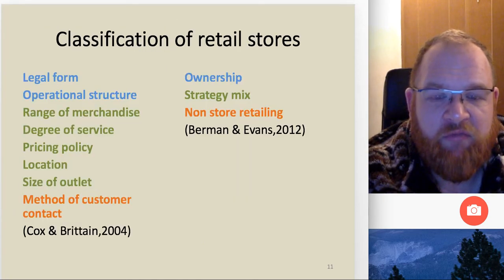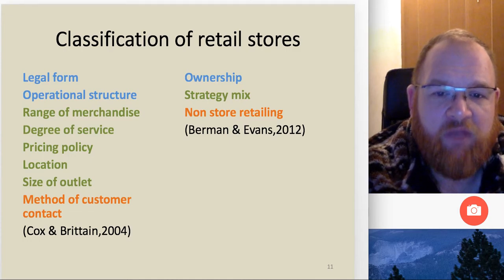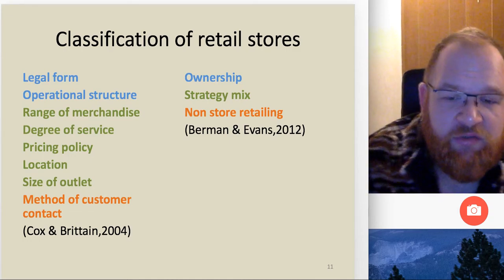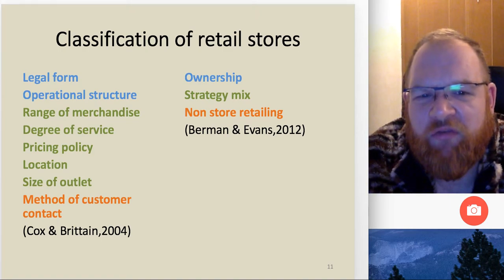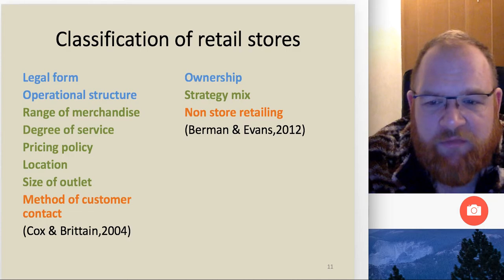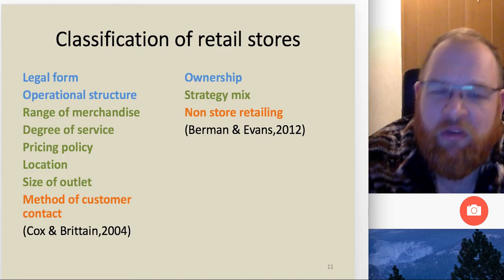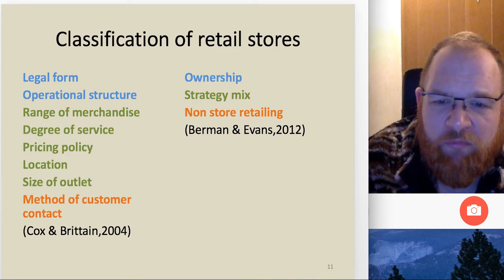So the range of different classifications of retail stores, just to recap on those, rely on various different factors. We're going to focus mainly on the strategy mix and different strategies that are available to different types of store from here on in.